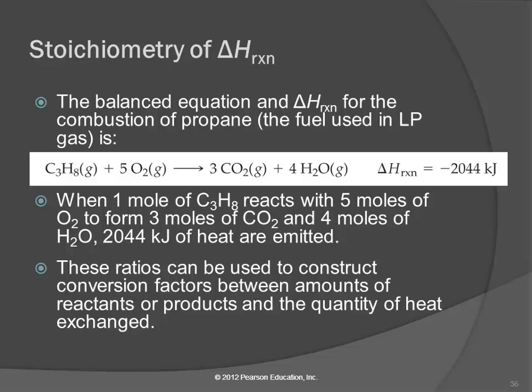So we can form conversion factors from this information, just like we did with mole ratios. So we can say that there's 2,044 kilojoules of energy for every 1 mole of propane.